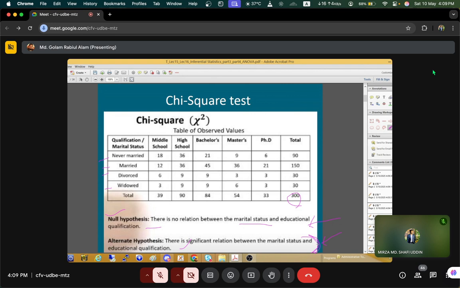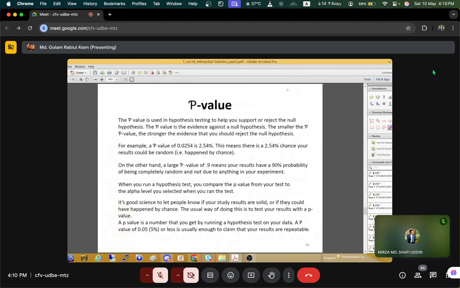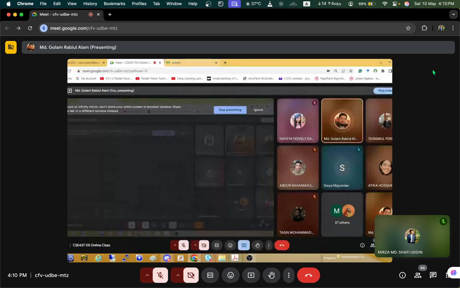This is how we can test hypotheses using a non-parametric test. I think we have to stop here in today's lecture. That's all from our inferential statistics.